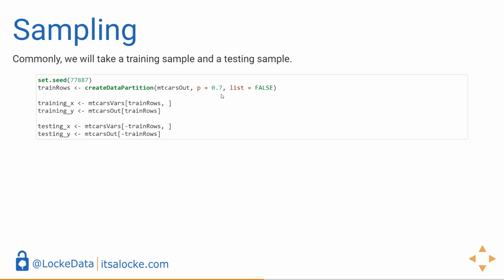So the fit of your model overall goes down once it goes into production and is used elsewhere. So I much prefer to work with the same sort of class ratio as I have in real life. So I use the create data partition to do that, and then I can split my data out.